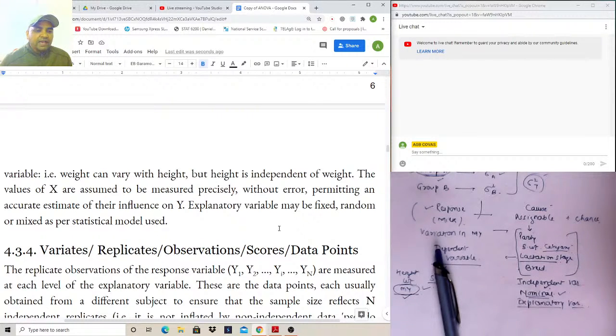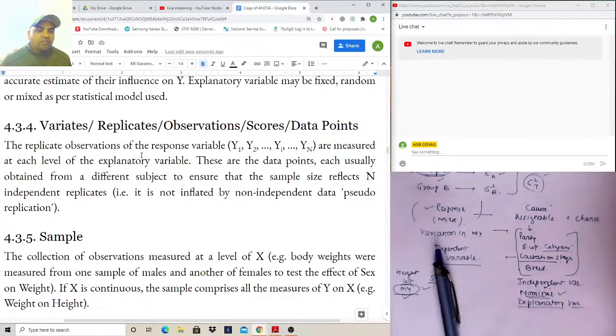So the values of x are assumed to be measured precisely without error, permitting an accurate estimate of their influence on y. An explanatory variable may be fixed, random or mixed as per your statistical model. But in this lecture, we will be taking up only the fixed explanatory variable, neither the random nor the mixed type. Okay.